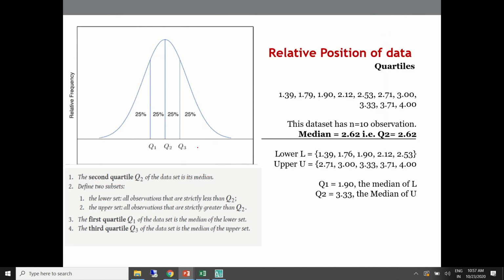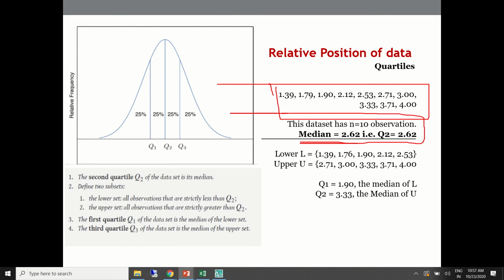I have a worked out example. Let's say for the same grades that we have talked about, the median value is 2.62, so that will be Q2. I think this is Q3, so there is an error here, this is Q3. So the Q2 value is 2.6. Let us say how much data we have: 1 2 3 4 5 6 7 8 9 10.